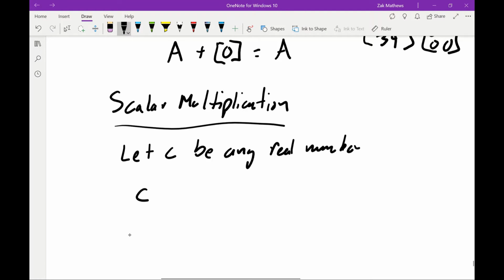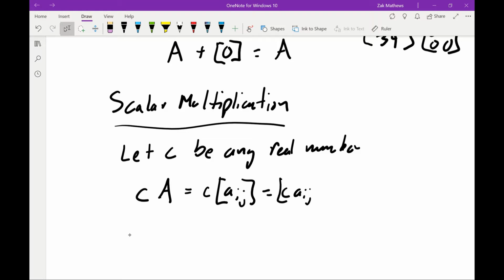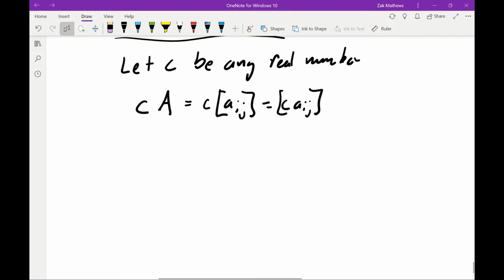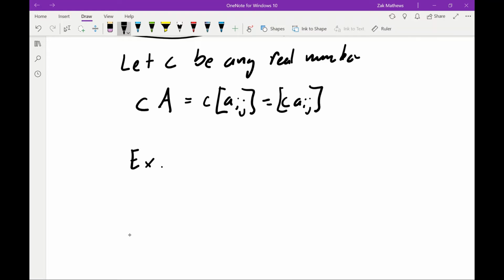Well, we can take C and multiply it to any matrix A by simply multiplying it to each of its elements. So C times A sub I, J inside the matrix. And we'll do an example of that. Let's say we have 2 times the matrix 1, 3, 4, 9. Notice I said nothing about order because the scalar is just a multiplying factor. It's not another matrix.